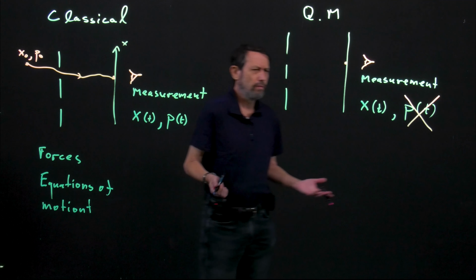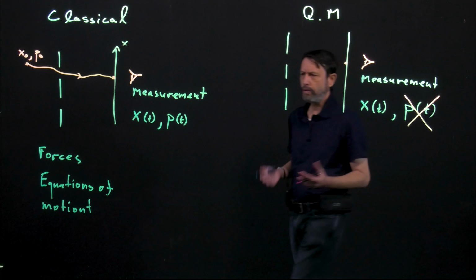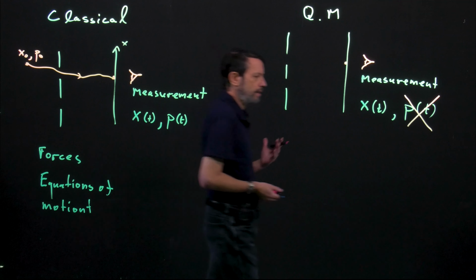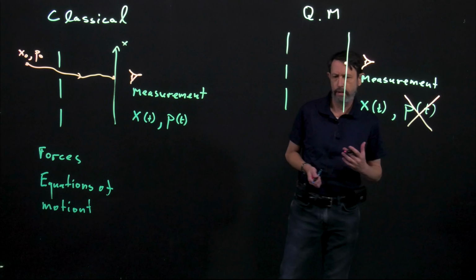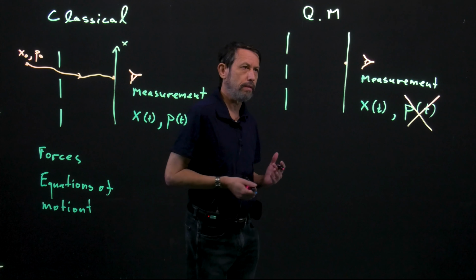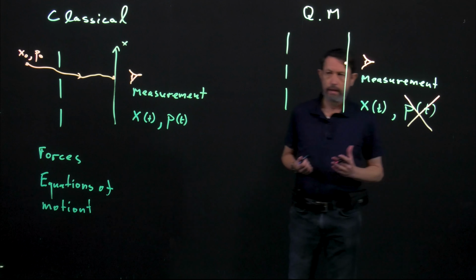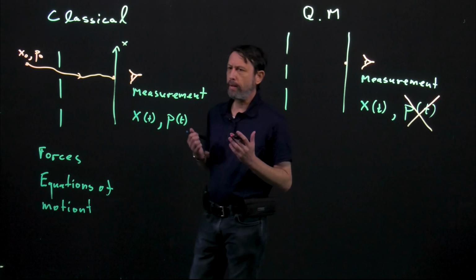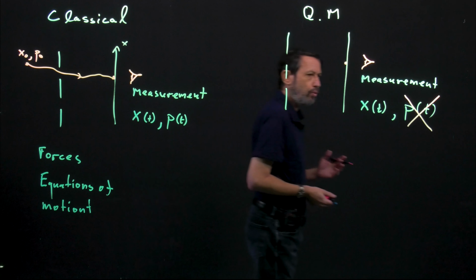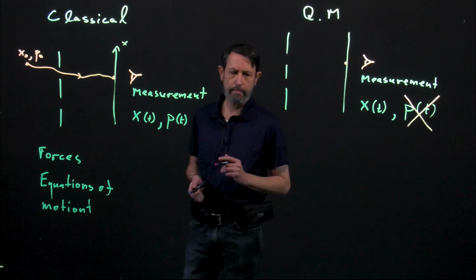Okay, so what are we doing in quantum mechanics? It's important to understand that quantum mechanics is basically a theory which describes probabilities. Meaning, we know nothing about x of t or p of t, but we know something about the probability of measuring them.